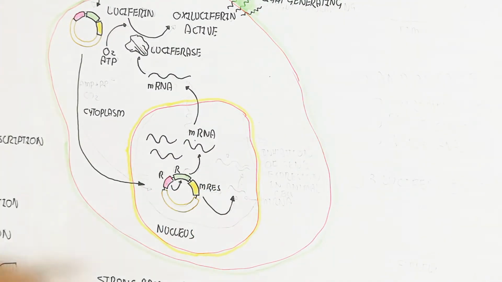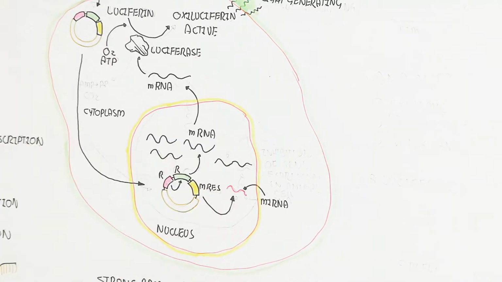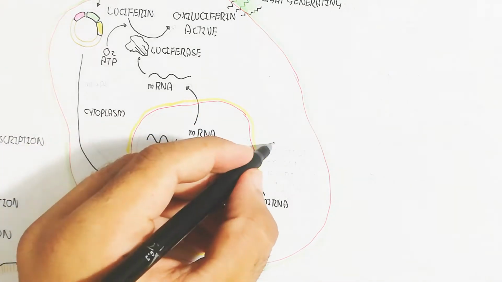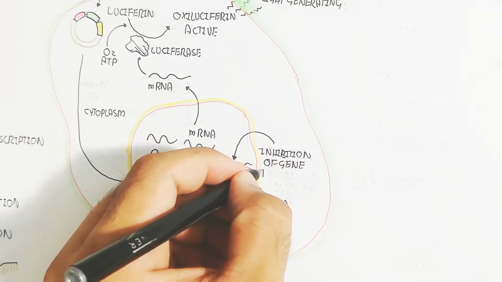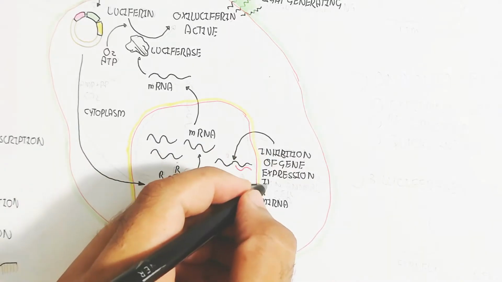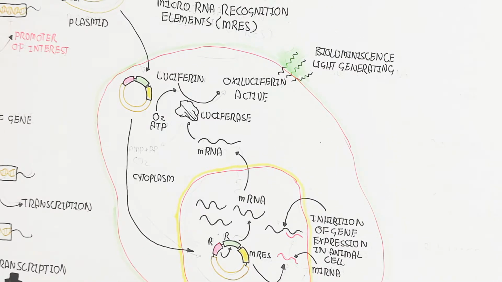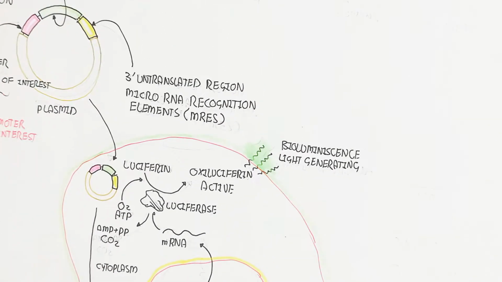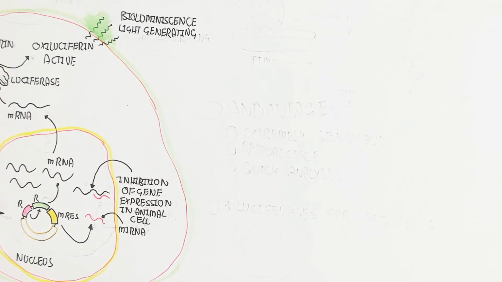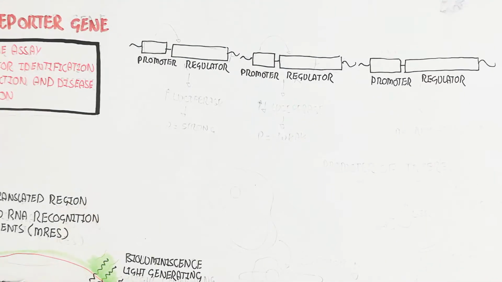In this way, here you can see the MREs, which are recognized by the microRNA, which inhibits gene expression in animal cells. That is why we take the specific cell for better understanding. So remember, MREs inhibit the messenger RNA from further production of luciferase.